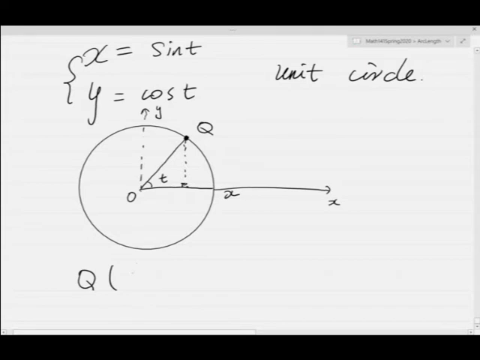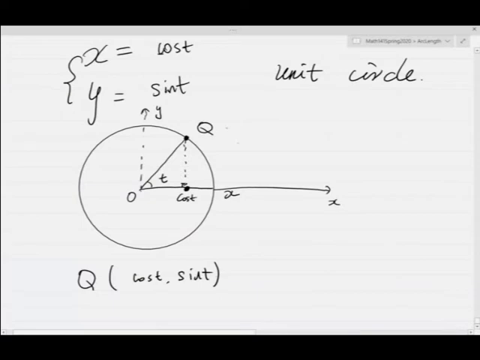So x is cosine t, y is sine t. Sorry, the other way around: x is cosine t, y is sine t.